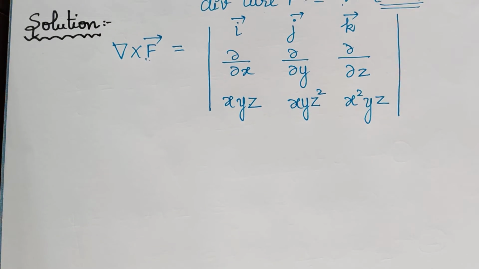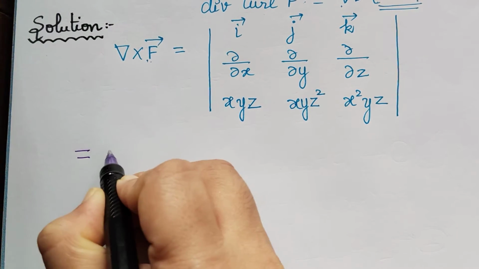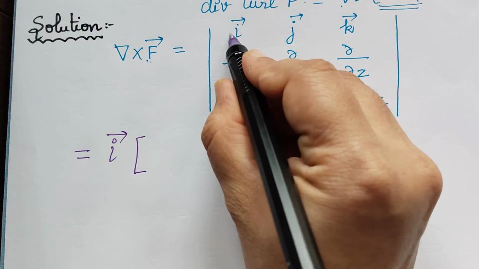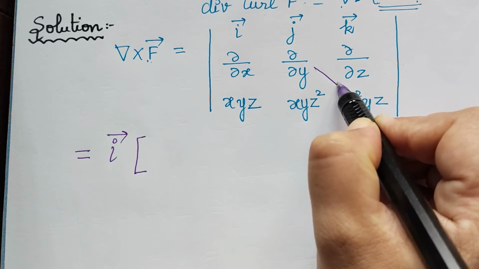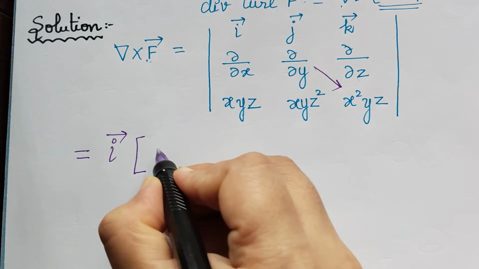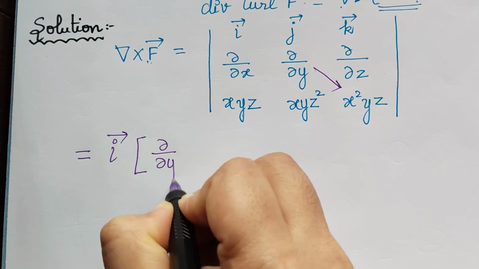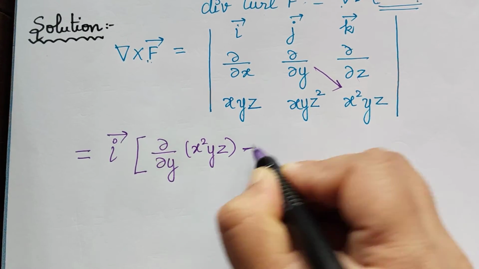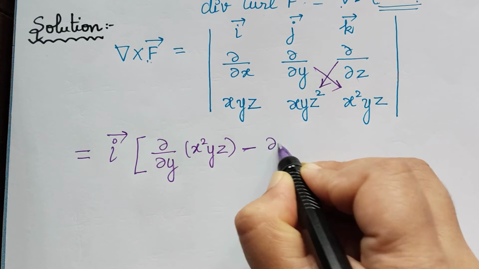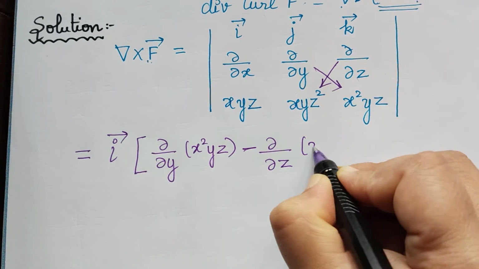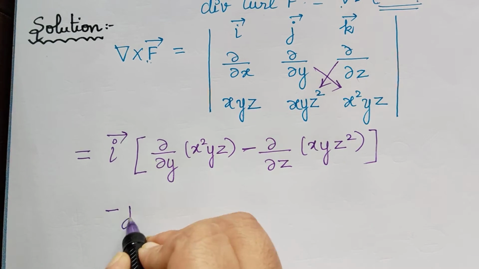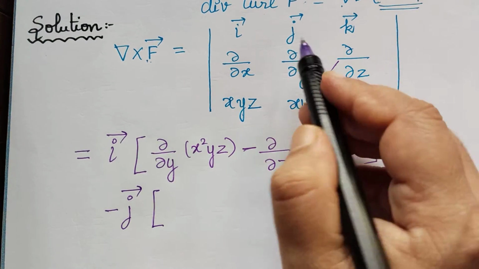So the determinant of this matrix will be equal to i vector multiplied with, blocking this column and this row, the determinant of this matrix, that is dou by dou y of x square yz minus dou by dou z of xyz square, minus j vector, the second one.